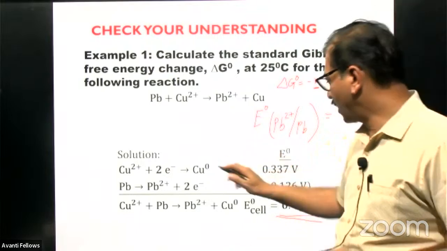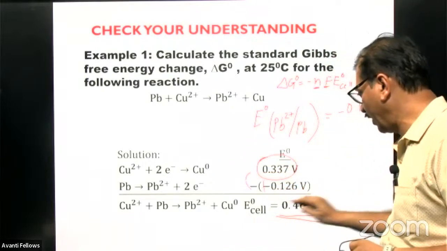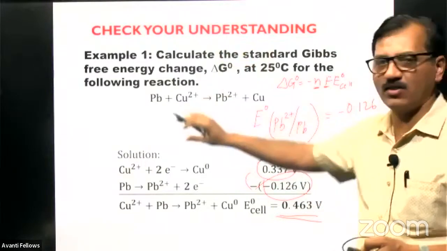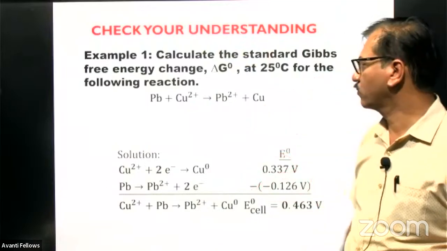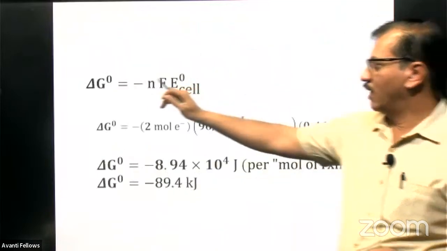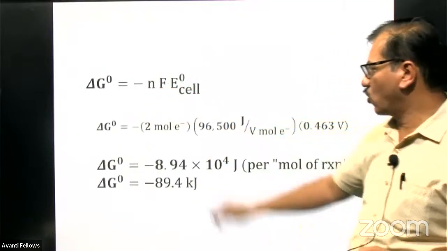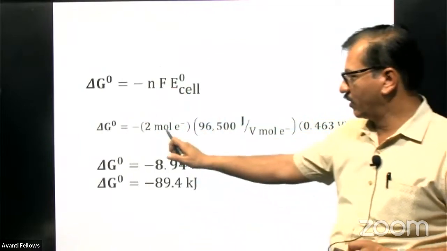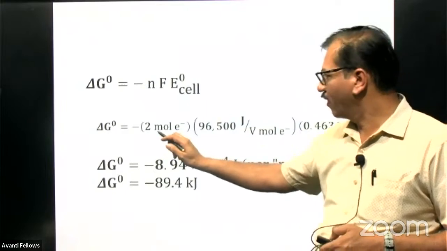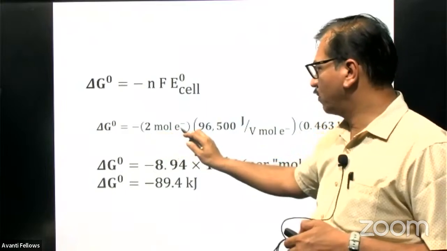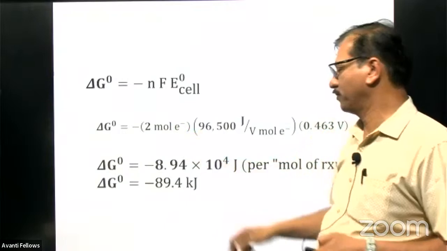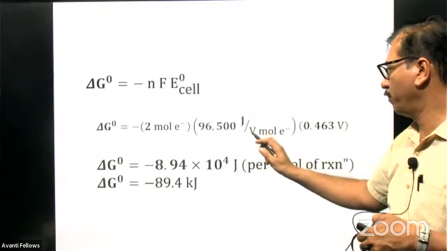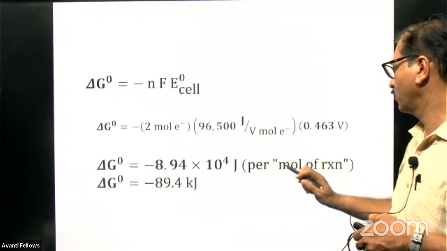Okay. In the examination, these values will be given, so don't worry. While typing, these values are not written, that's the only thing. So my delta G0 is minus nF E0 of the cell. n is 2, written along with the units, 2 moles of electrons. 96,500 for the calculation, joule per volt per mole of electrons.